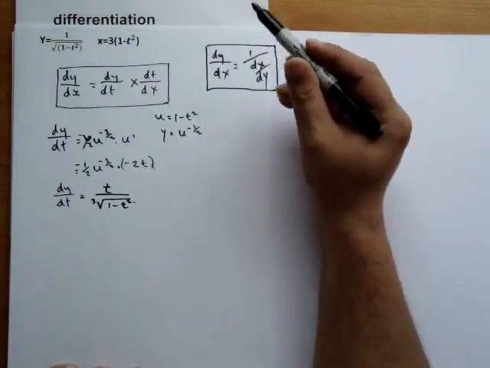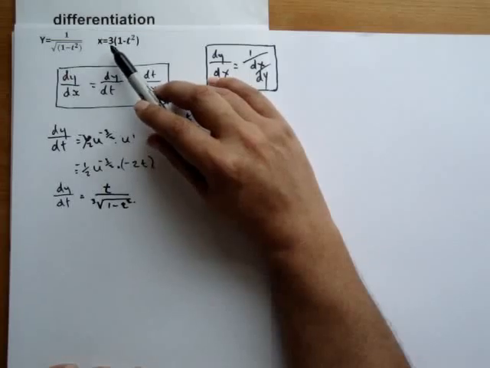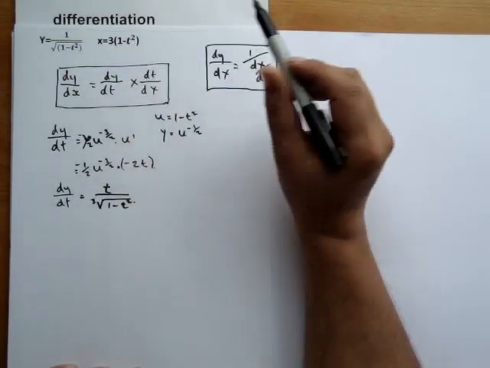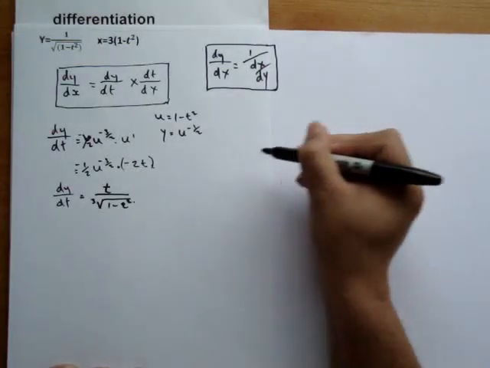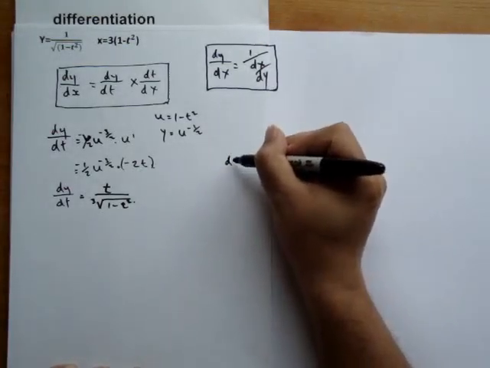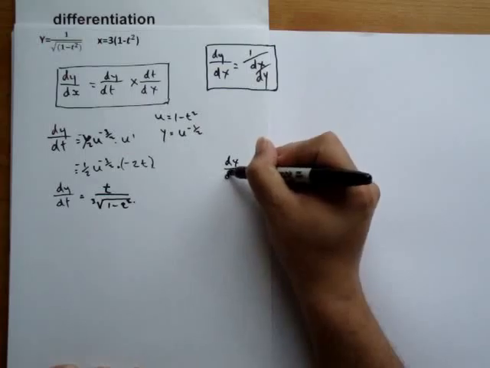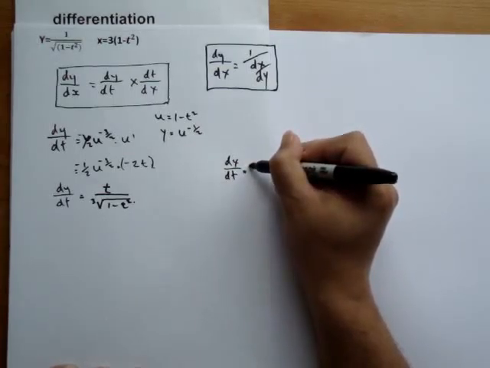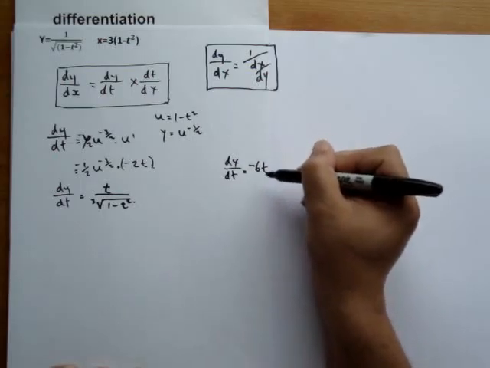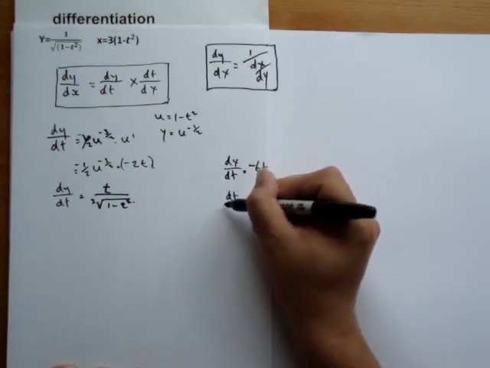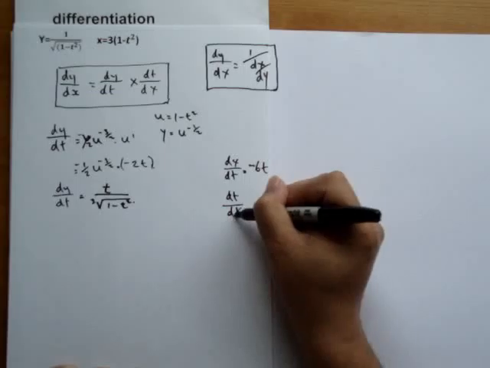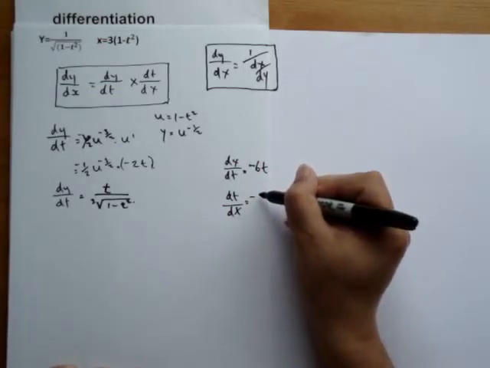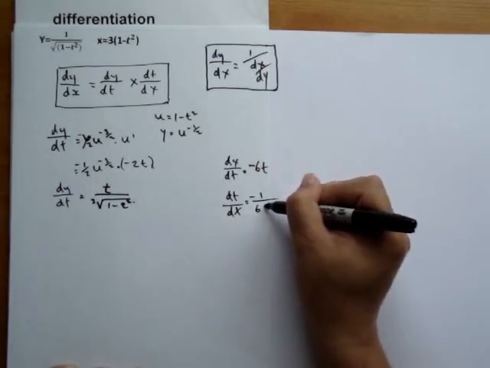So in this case, from this equation, or this function, we can get dx by dt. So let's do that over here. So dx by dt is minus 6t, and dt by dx is the reciprocal using this rule, which is minus 1 over 6t.